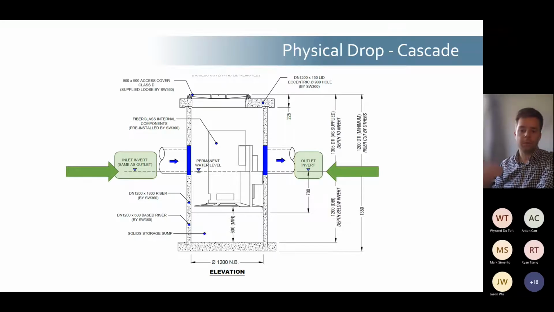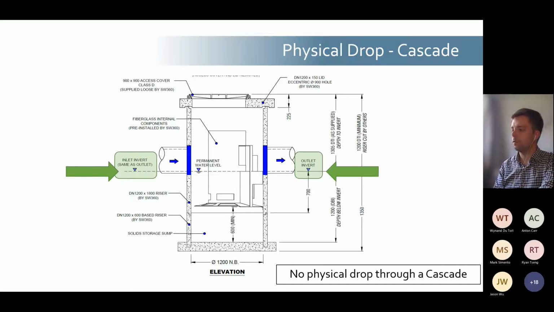So there is no physical drop through a Cascade. If we just say that head is the difference between inlet and outlet, in theory, then you'd say that there is no elevation head for a Cascade separator. There's no physical drop through a Cascade.